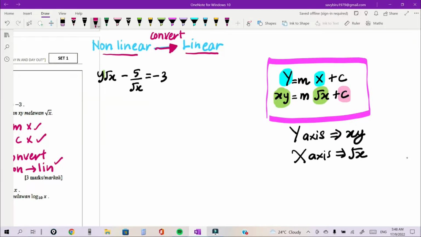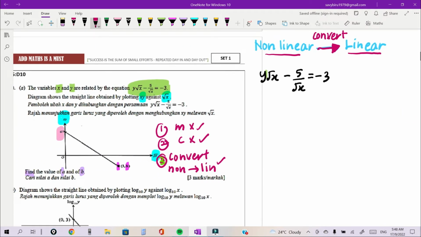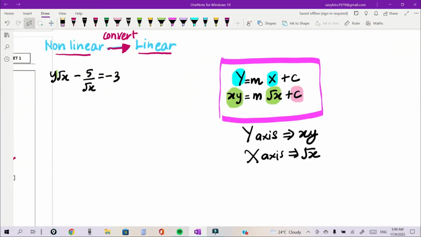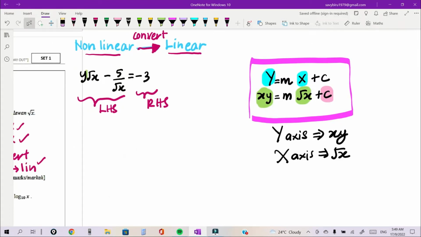Okay, so how to convert from non-linear equation to linear equation? Given that the y-axis is xy and the x-axis is the √x term, our equation has a left side and a right side, so we need to modify this non-linear equation.